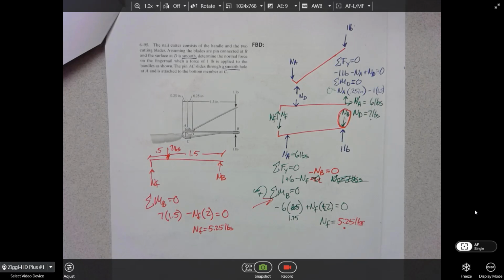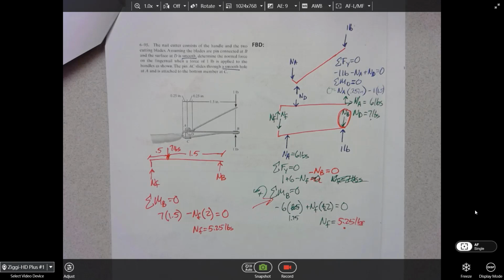If we determine the normal at D is 7 pounds, right? So at D, we'll have 7 pounds down. And say then this is the normal at B, and this is the normal of the finger.